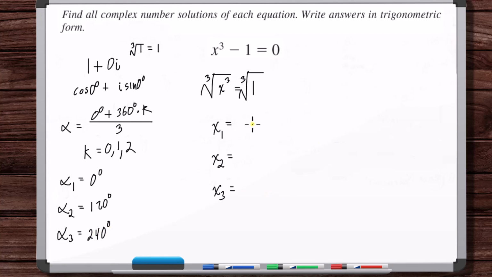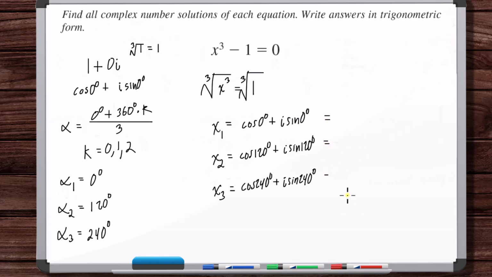So we've got cosine of 0 degrees plus i sine of 0 degrees, cosine of 120 plus i sine of 120, and cosine of 240 plus i sine of 240. Let's put these in rectangular form.